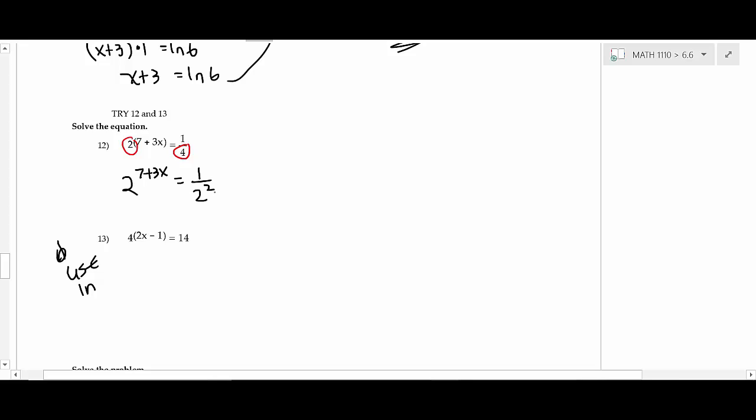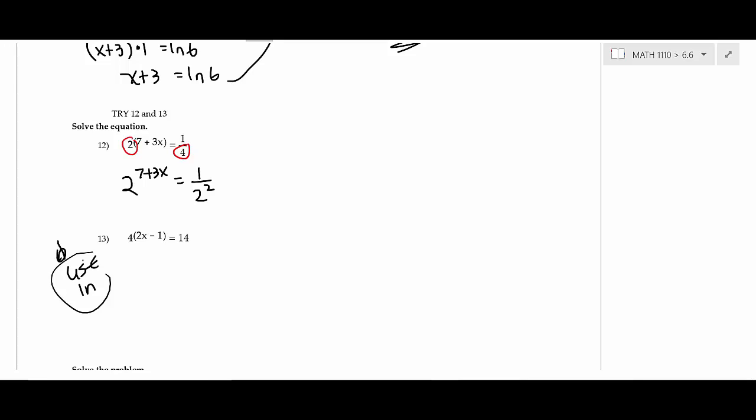Now then see if you can do that without using logarithms. Because your goal is to get 2 to a power equals 2 to a power, then set the exponents equal to each other. Okay? So you want to see if you can do that without logs, and then do 13 with logs. Use an ln on that, okay? All right, everybody know what I'm trying to get you to do on 12?